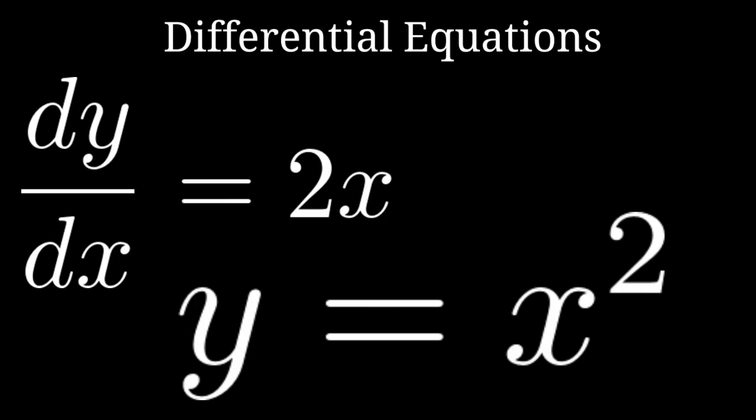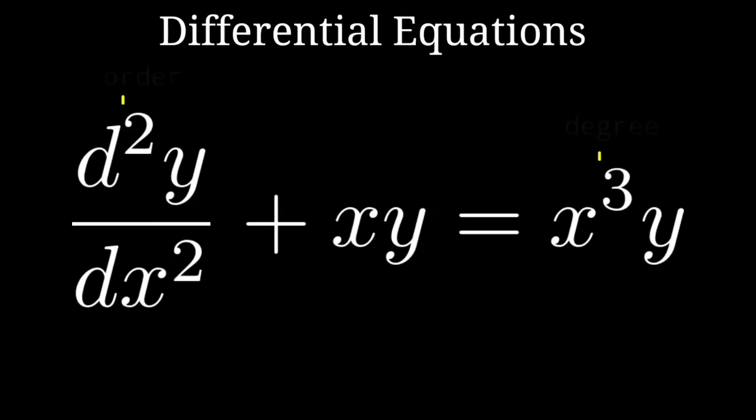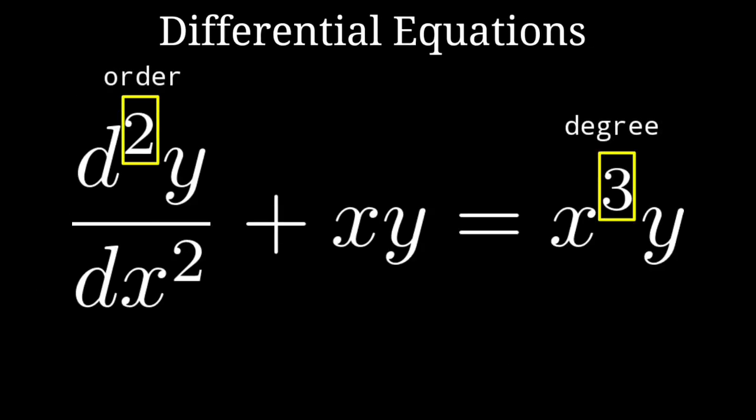Now things will not be this simple every time. You may encounter more complex differential equations, which we are going to tackle right now. You see, differential equations can be classified in numerous ways. One such way is by using order and degree.